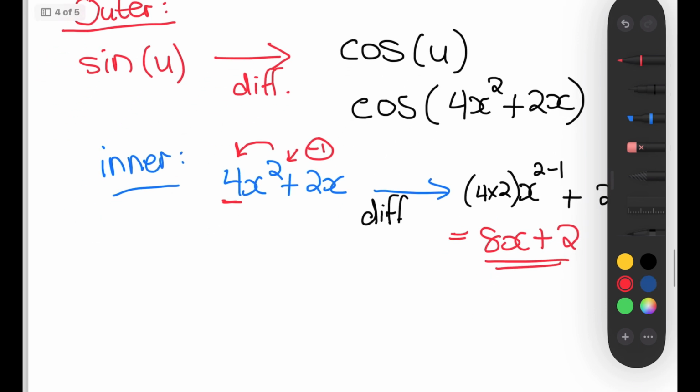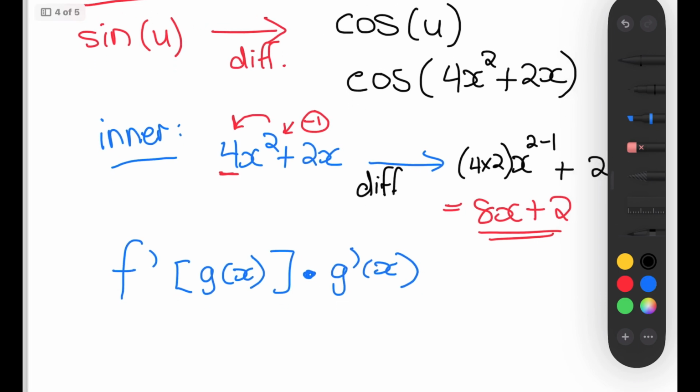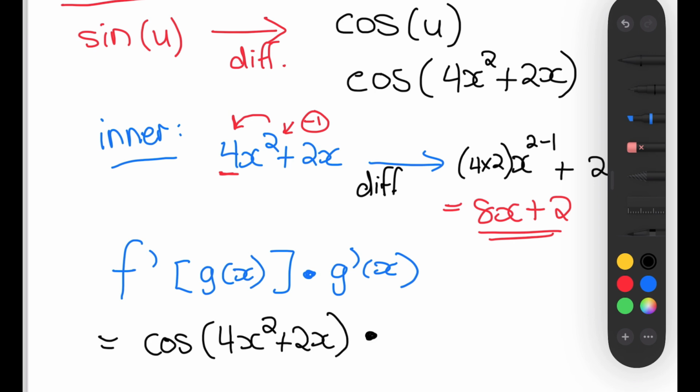And again, step 2, using the formula I'd shown earlier, where we have f prime of g of x multiplied by g prime of x, right? So the derivative of the outside function is simply cos of 4x squared plus 2x multiplied by the derivative of the inner function, which is just 8x plus 2.